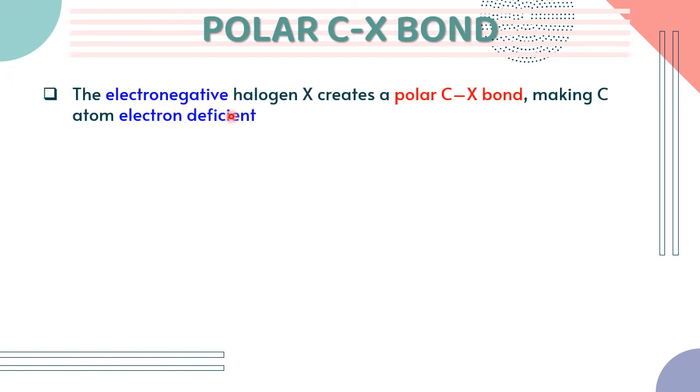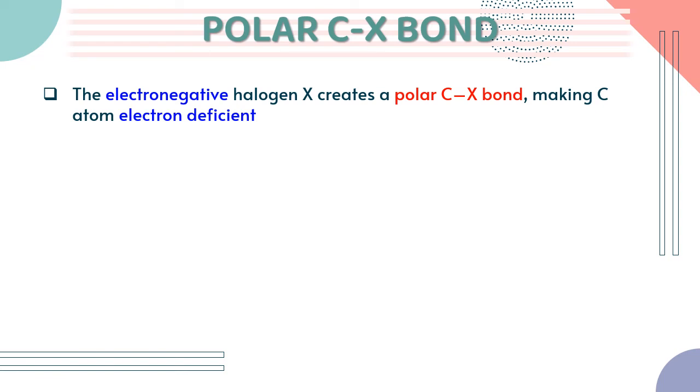So we have a polar CX bond. What does it mean? The electronegative halogen X will create a polar CX bond, making the carbon atom electron deficient. As we know, halogens are among the most electronegative groups in the periodic table.